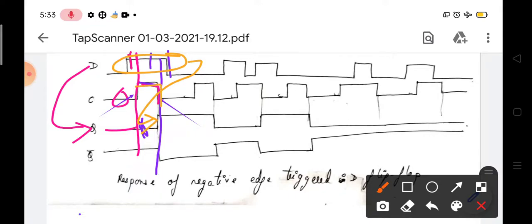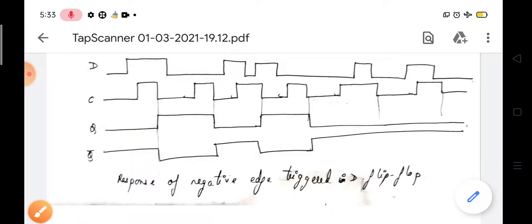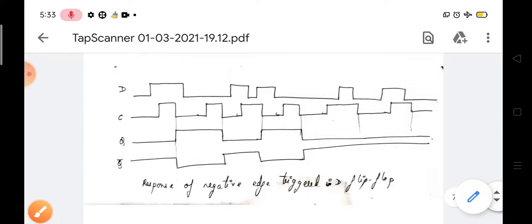So after the negative edge, the falling edge of the clock, this state of D is transferred to the output. So this is about positive and negative edge triggered D flip flops.